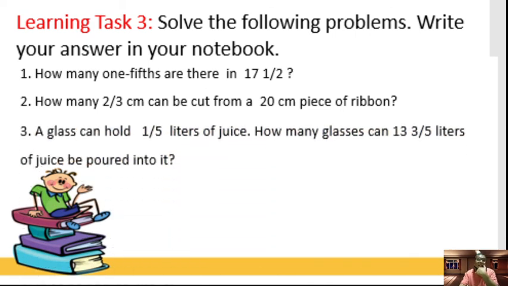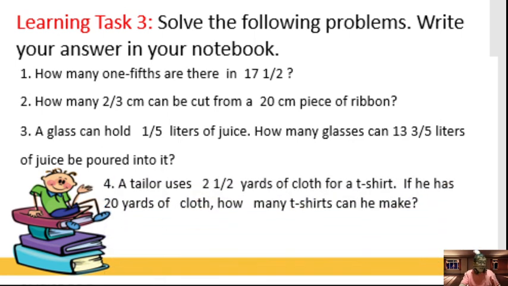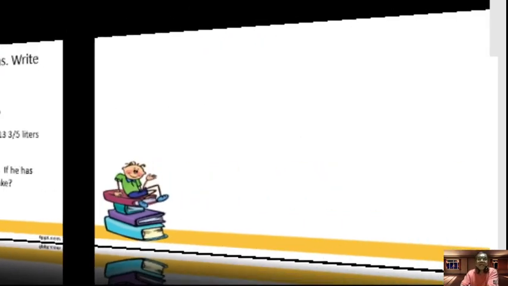A glass can hold 1/5 liter of juice. How many glasses can 13 and 3/5 liters of juice fill? And then next, a tailor uses 2 and 1/2 yards of cloth for a shirt. If he has 20 yards of cloth, how many shirts can he make?